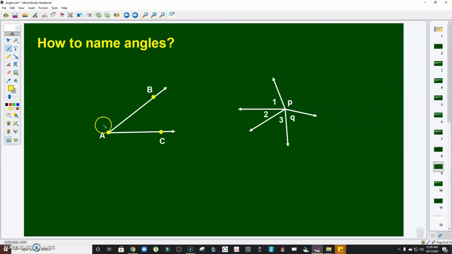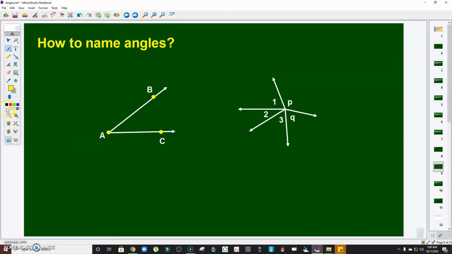Here on the first one, AB and AC are called the sides of the angle, while A, the common endpoint of the two rays AB and AC, is the vertex. Now the question is how to name this angle.